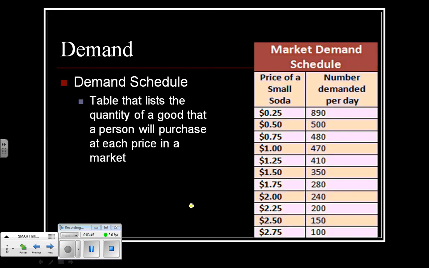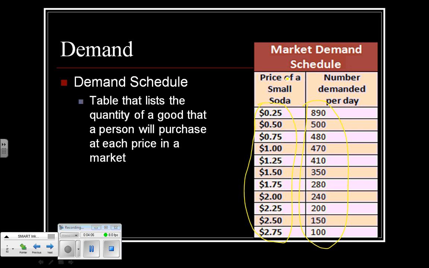Okay. We're going to talk about schedules. Okay, demand schedules and supply schedules. So all that a demand schedule is, it's a chart that shows you how much quantity of something is available or how many people would buy at a certain price. Okay, so how do you read this?